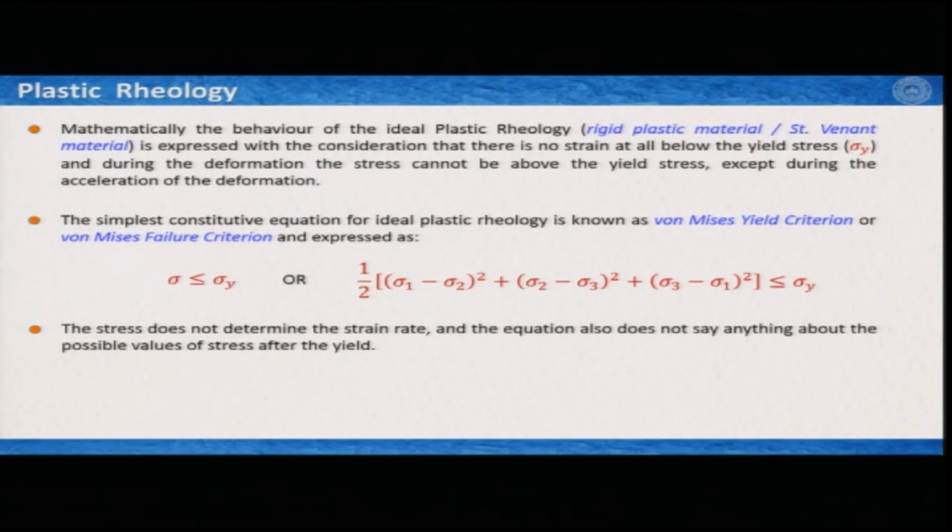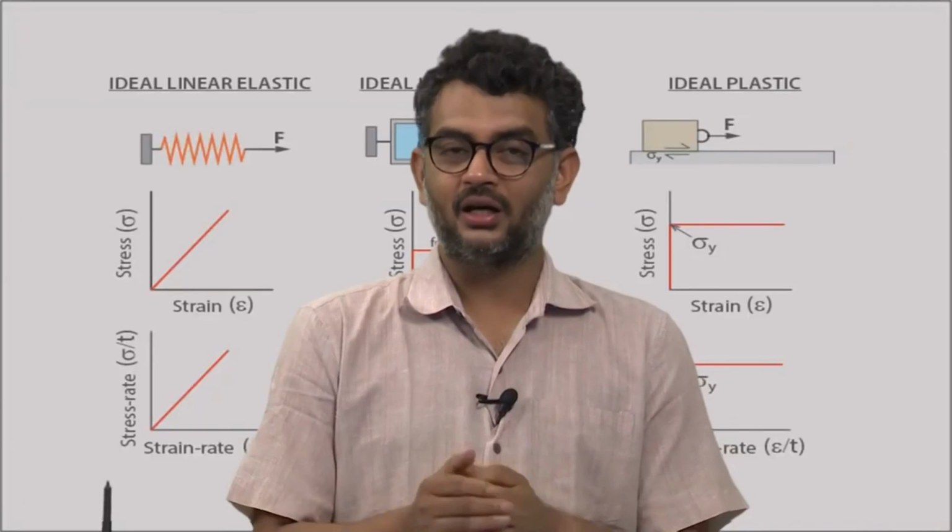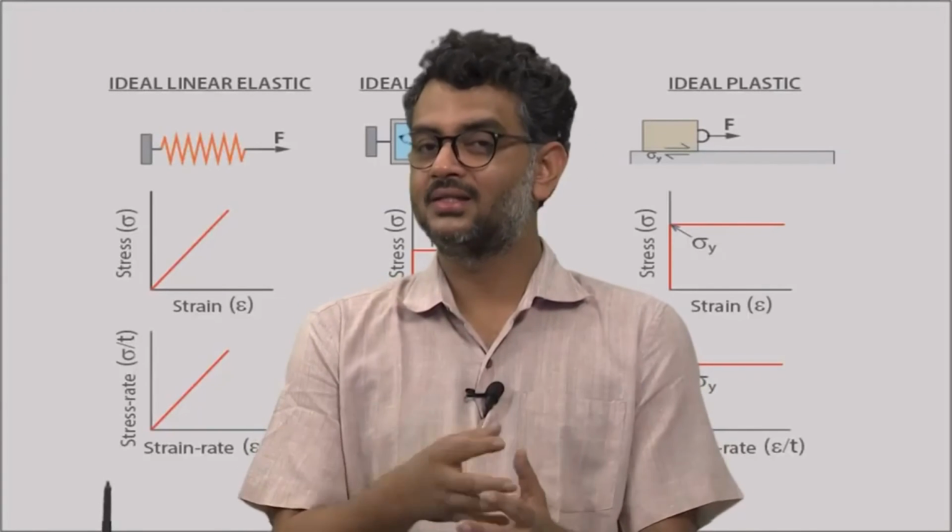So, that is a very primary and basic consideration, that material does not deform even elastically till the yield stress is reached. Okay. And at the same time, during the deformation, the stress cannot be above the yield stress except when you have acceleration.